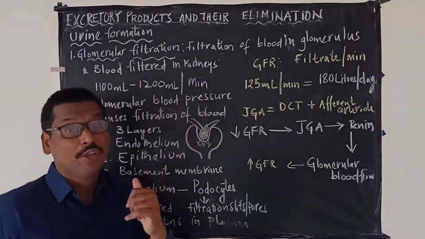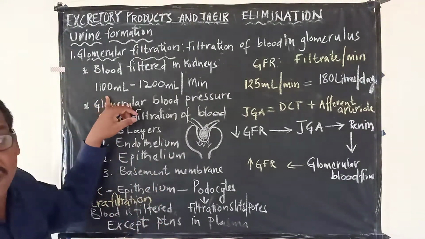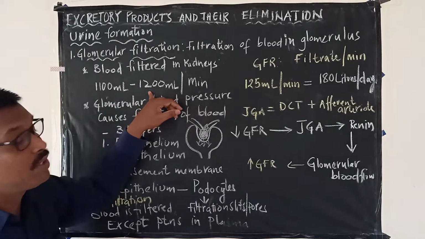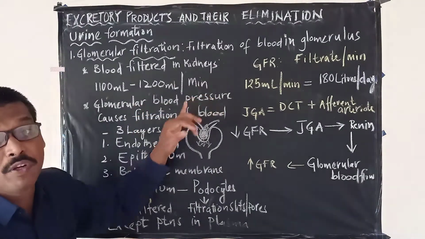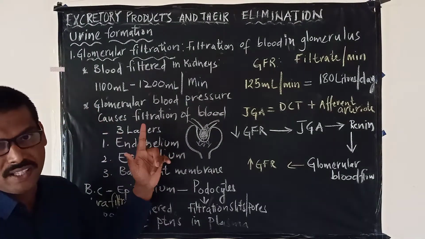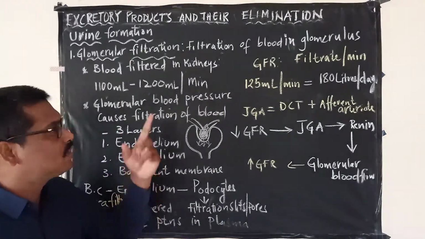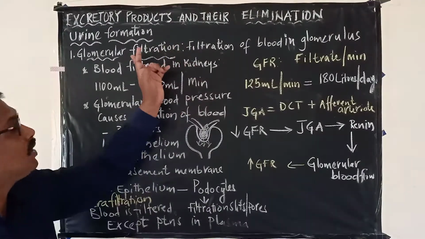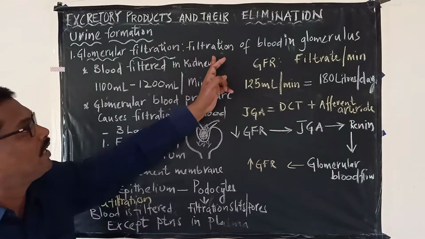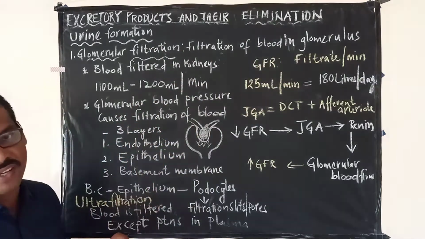That's a really huge amount. Approximately this much blood per minute is filtered in the kidneys with the help of the glomerulus. That's why we call it glomerular filtration, the filtration of blood in the glomerulus.